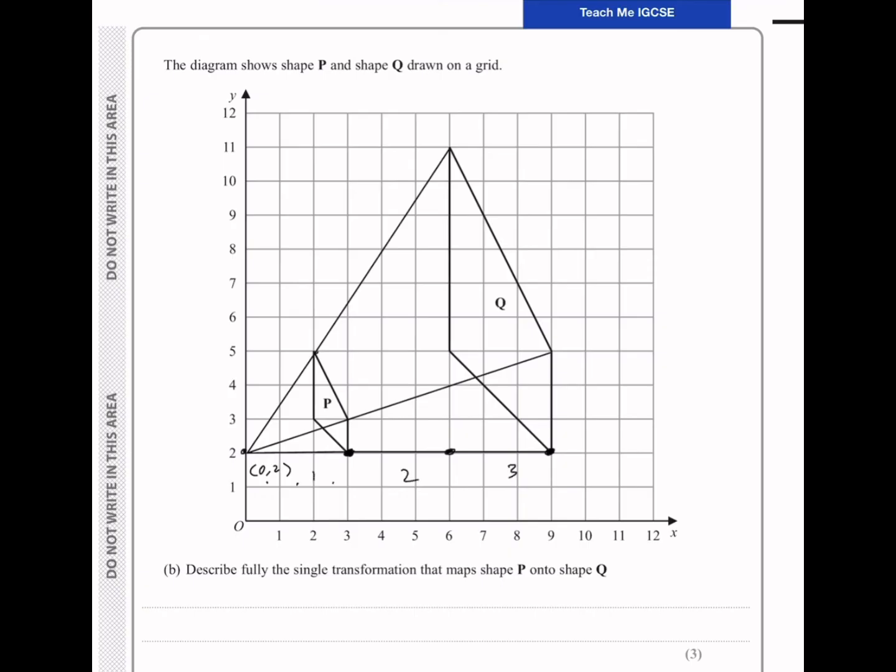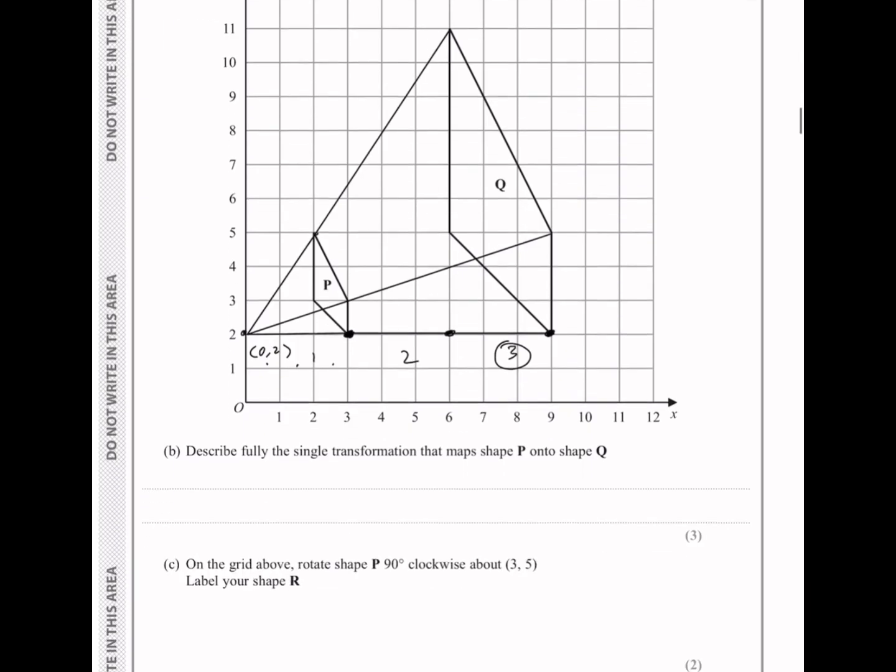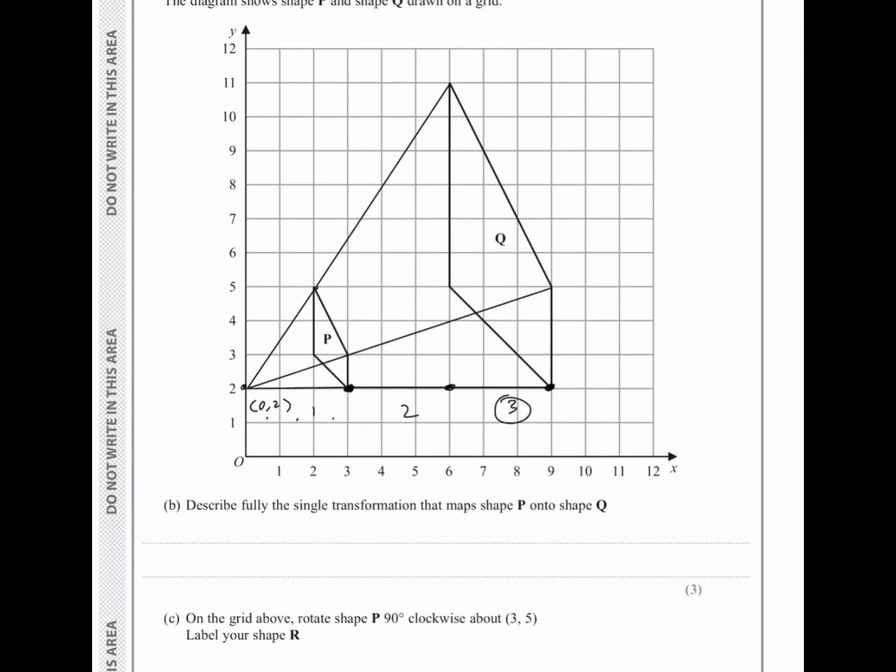The scale factor is 3, so we will say enlargement by a scale factor of 3 by the center 0, 2.